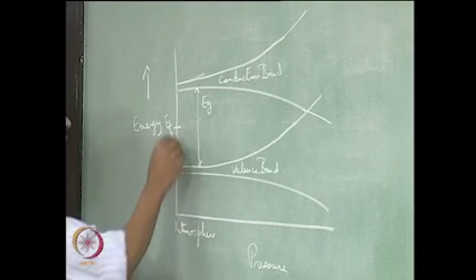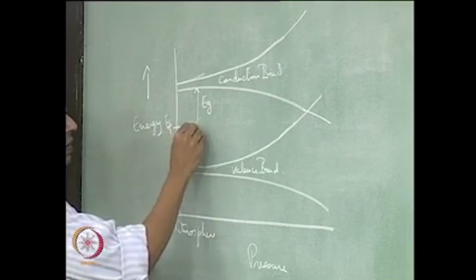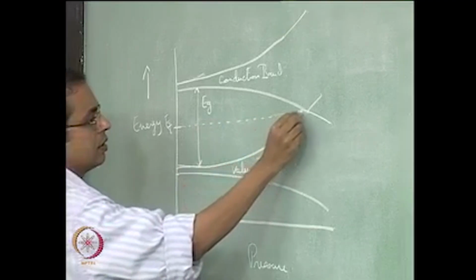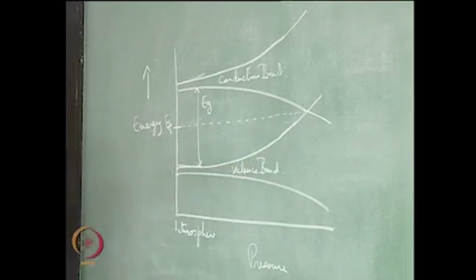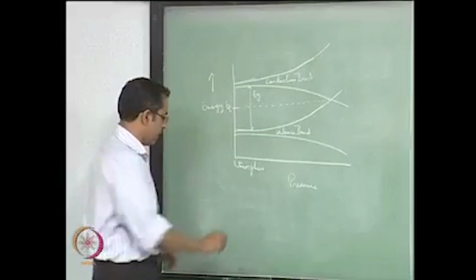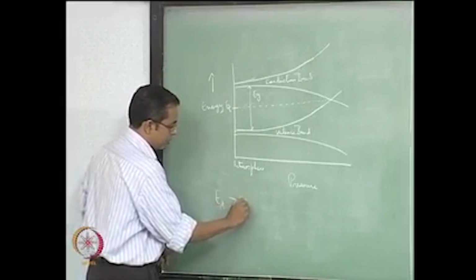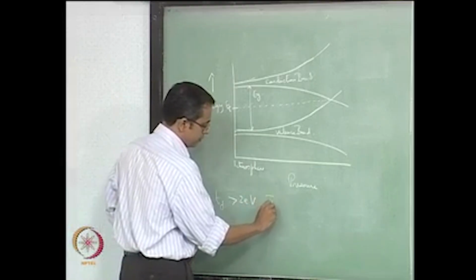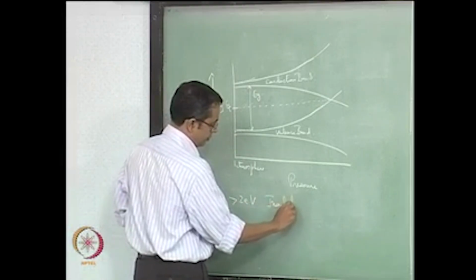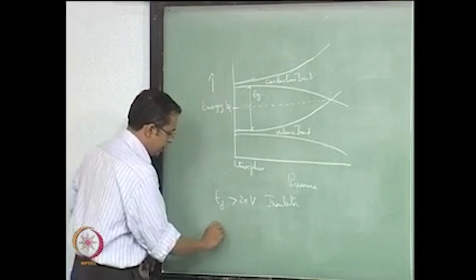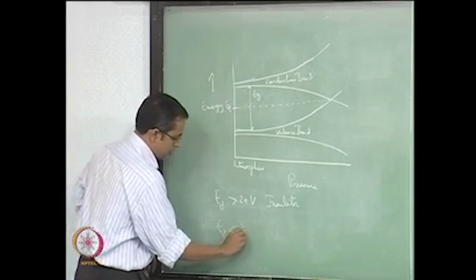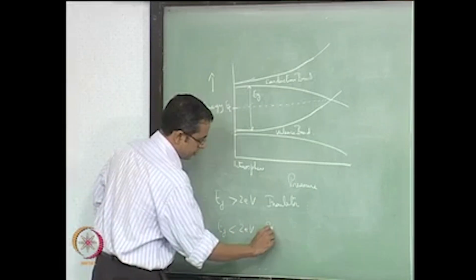So we will assume that this is the Fermi energy. Our original definition still holds: if Eg is greater than 2 electron volts, it is an insulator, and if Eg is less than 2 electron volts, it is a semiconductor.